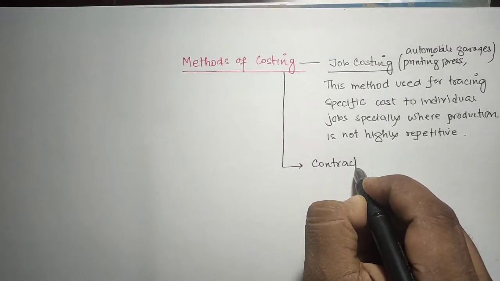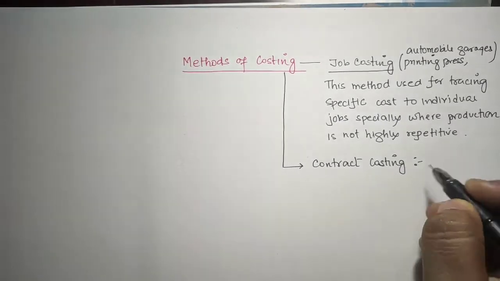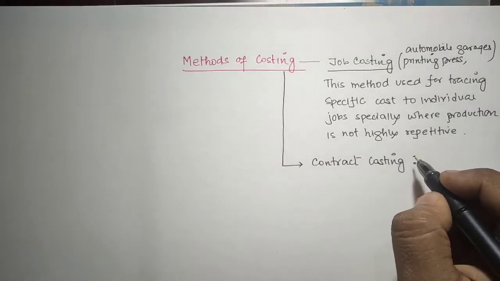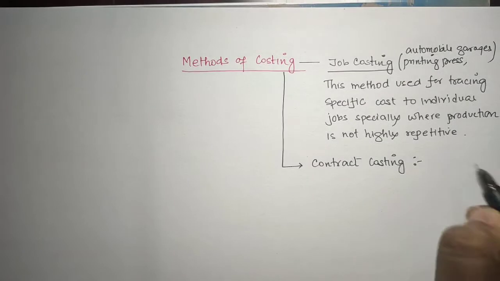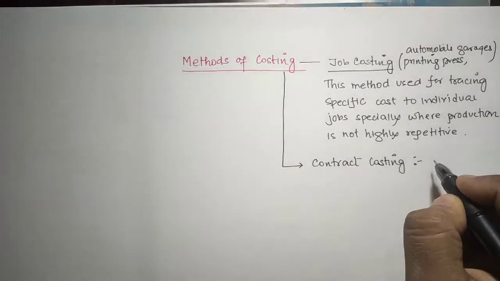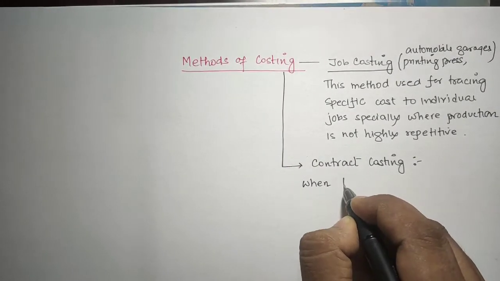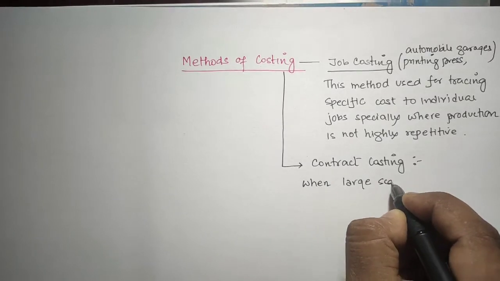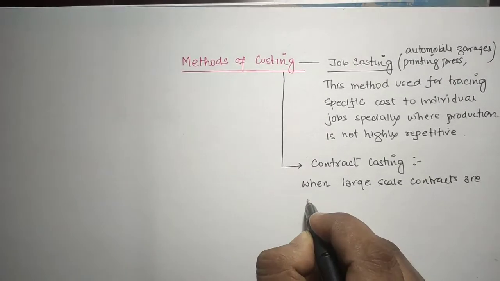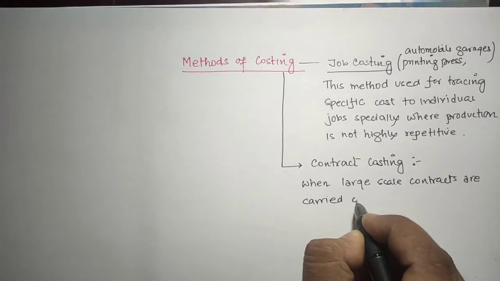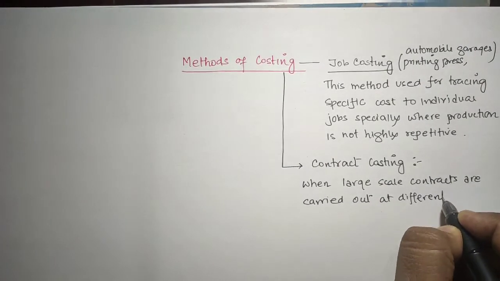The second method of costing we have is contract costing. Principally, there is no difference between job costing and contract costing, but it is convenient to prepare and maintain contract accounts when large scale contracts are carried out at different sites.